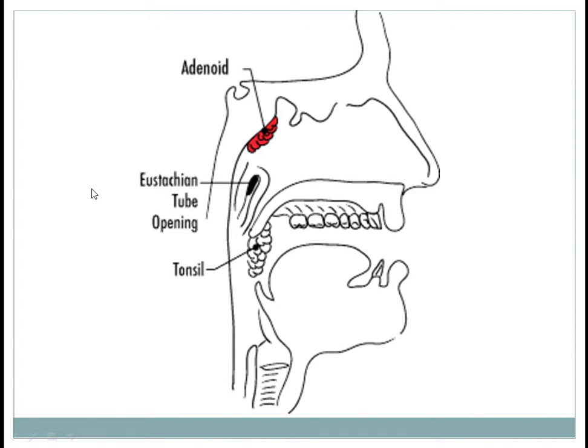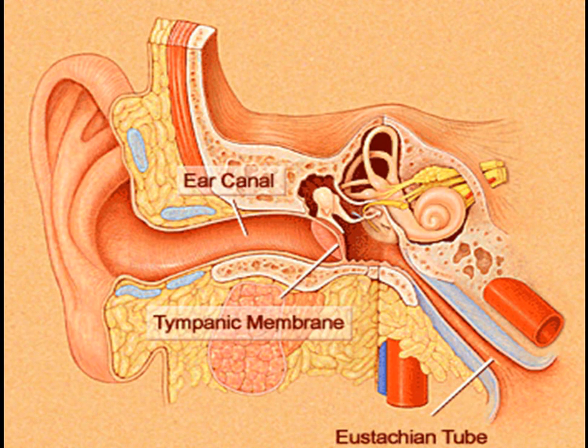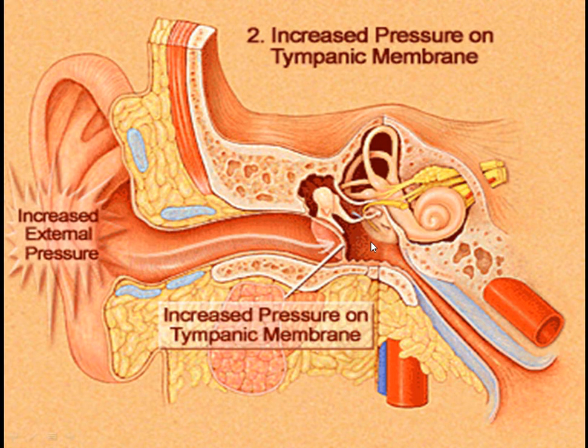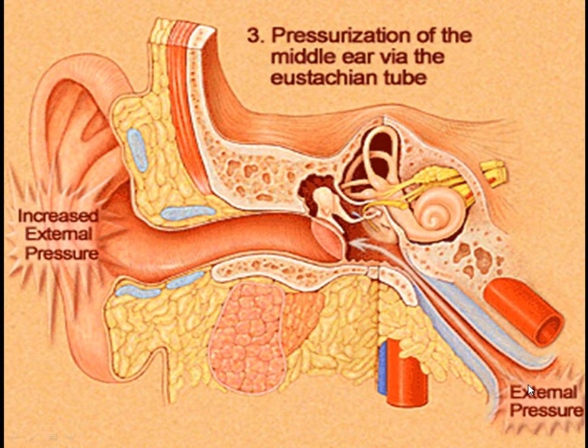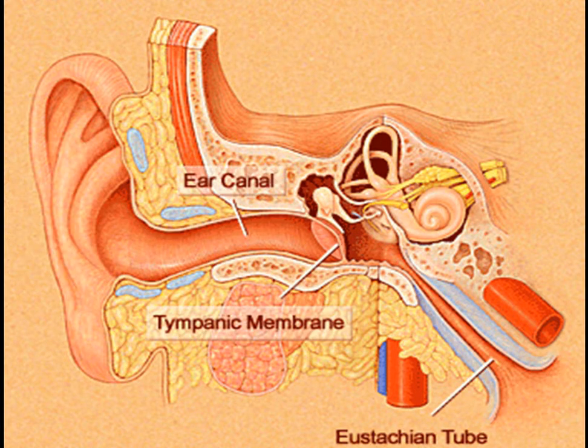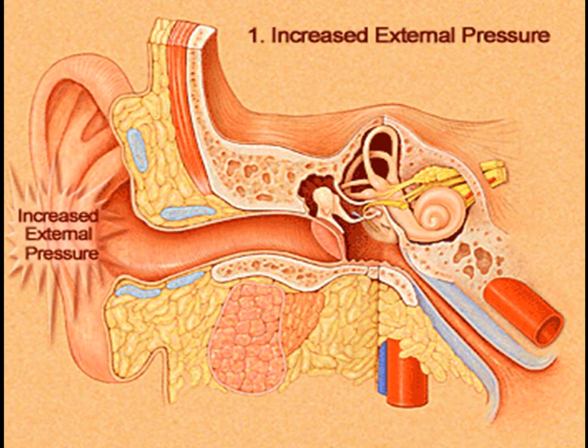So you can well imagine that this is the eustachian tube having its one end in the middle ear cavity and the other end in the nasopharynx. You can see the external pressure is affecting the tympanic membrane, and the equalized pressure is on the tympanic membrane. That's the reason when you have any nasal problem, your ear also gets blocked.